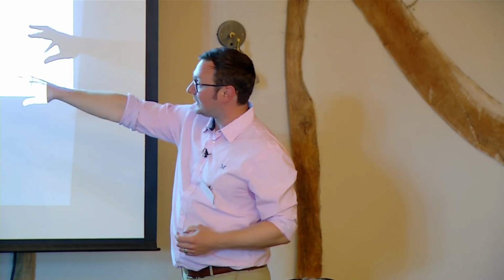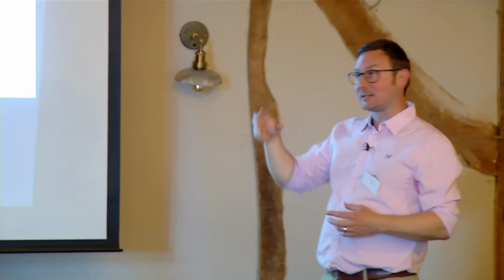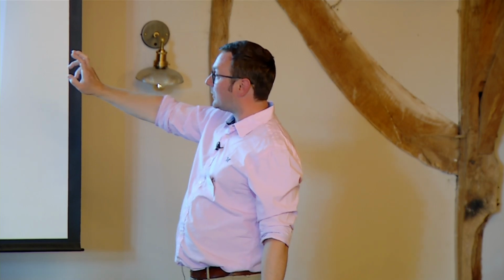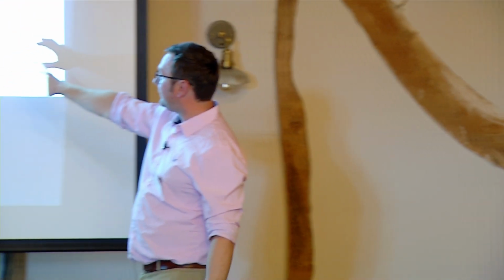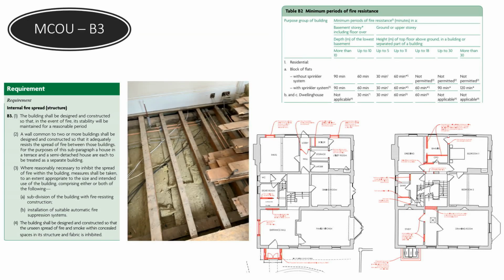Now to the front left-hand side and right-hand side, there were a number of decorative cornices and coping stones and similar, which the listed officer was very, very keen to preserve. And in those instances, they came up with two different solutions. For the room on the right-hand side here, they removed the floorboards, installed a mineral wool, which was supported, and that provided the necessary fire resistance.